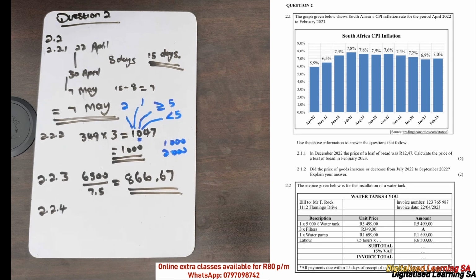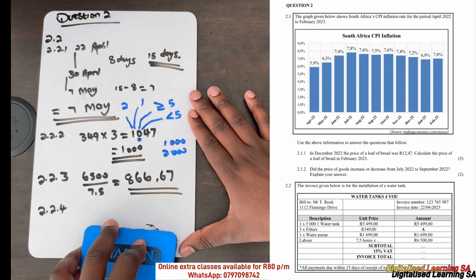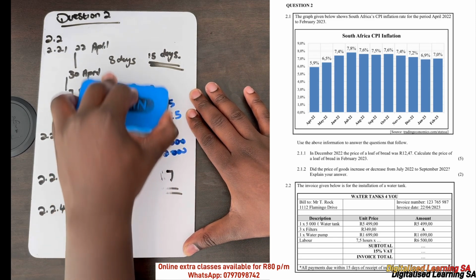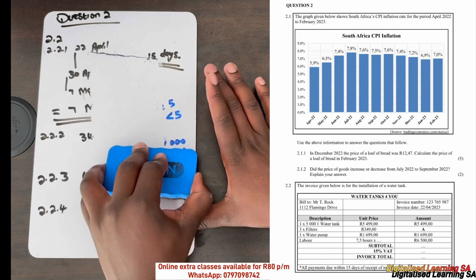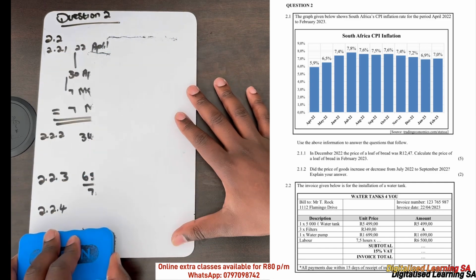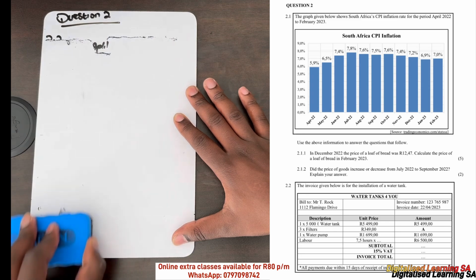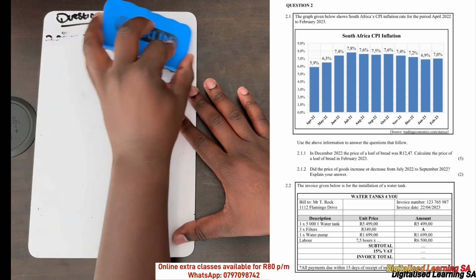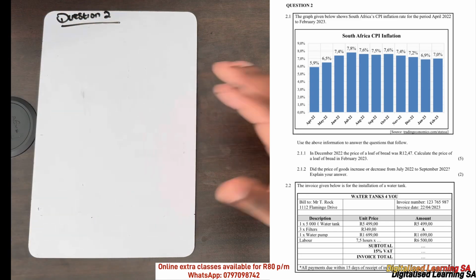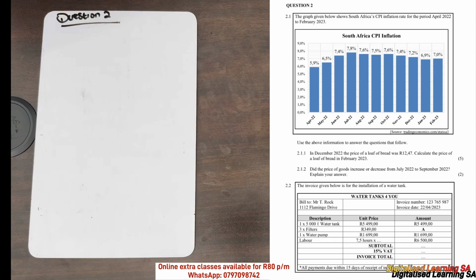I think we will need a bit of space to work this out, right? So let's just create a bit of space. And if you want to make notes, you can just pause the video and then resume after making notes.